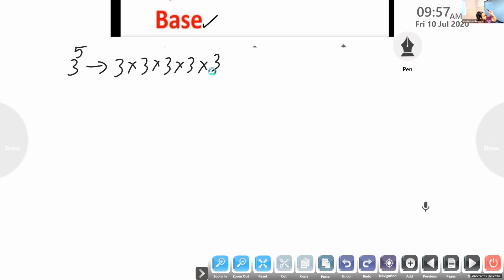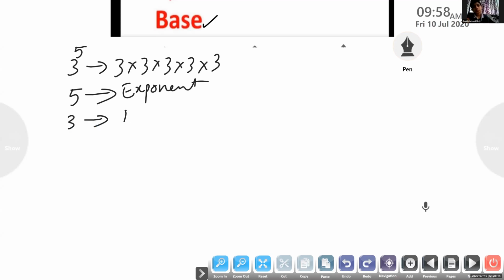So, Gopi Krishna, here, what is 5 known as? Exponent. Very good. And 3 is the? Base. 3 is the base.